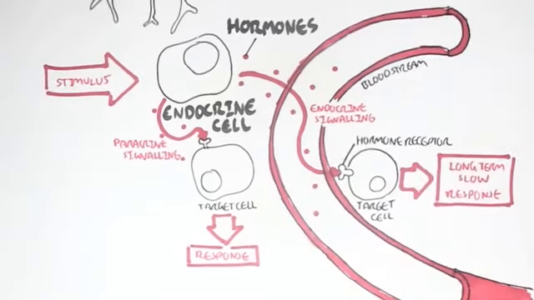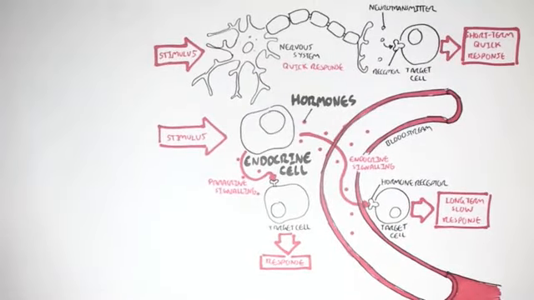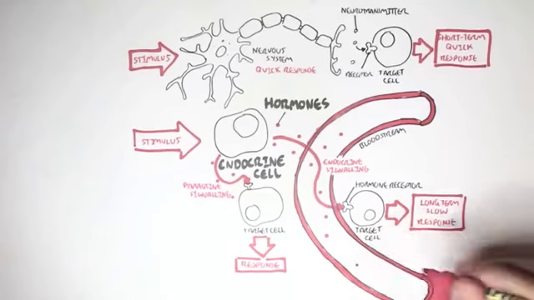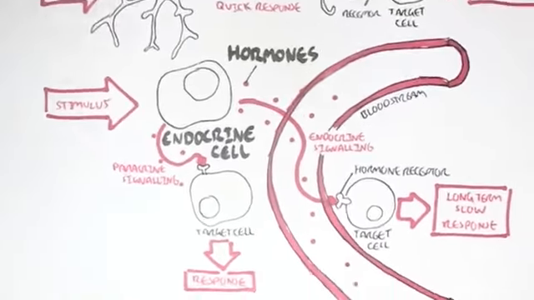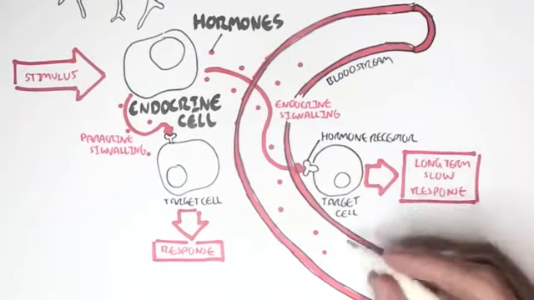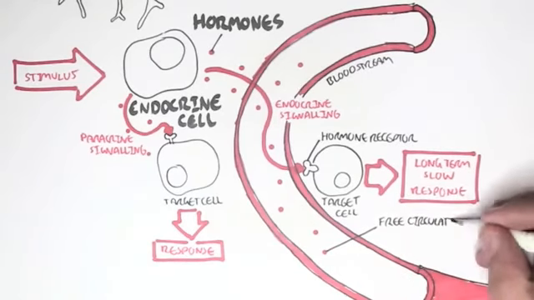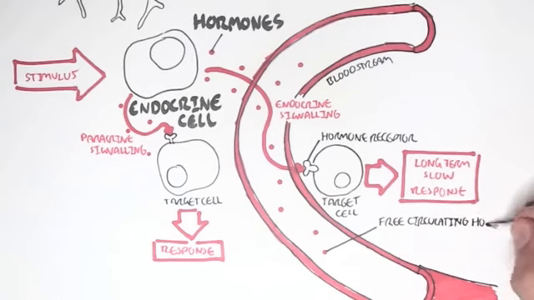When the endocrine cell secretes hormones into the bloodstream, which is the basis for the endocrine system, we have hormones in the bloodstream. The hormones can travel in the bloodstream in a free form, which can be cleared quickly by the body.